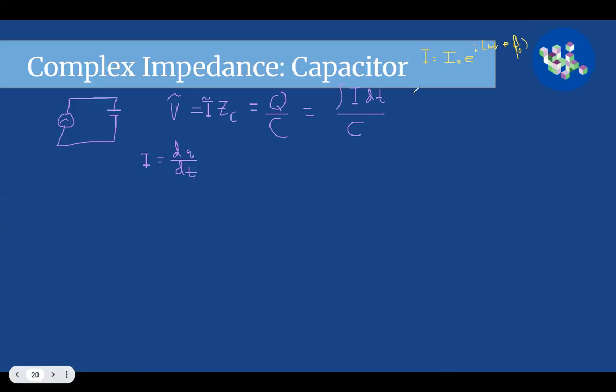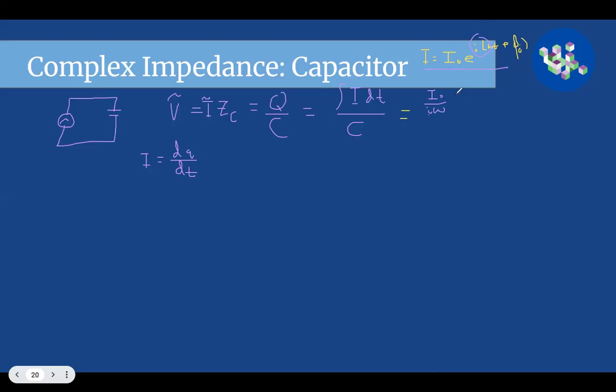Then if I do the integral, if I'm integrating this over time, I'm just going to get I zero, and because I have the i times omega over here, it has to be divided by i omega.